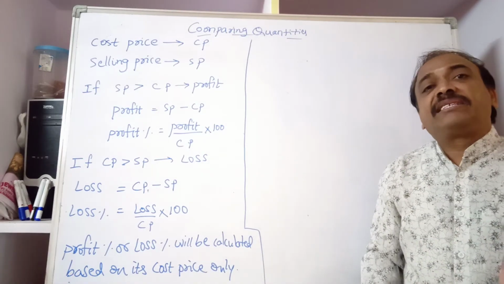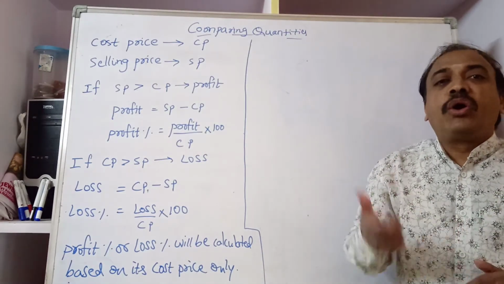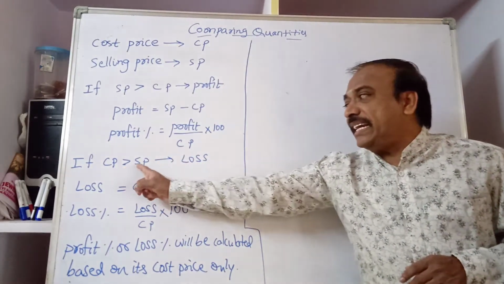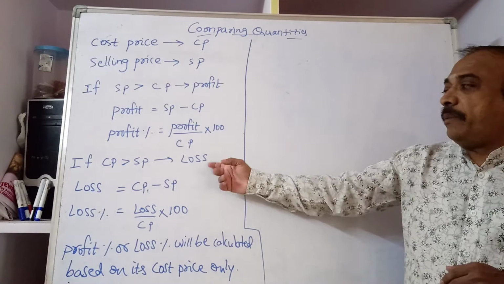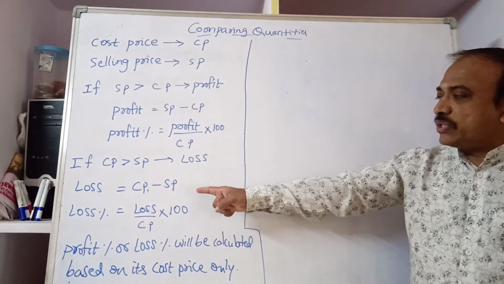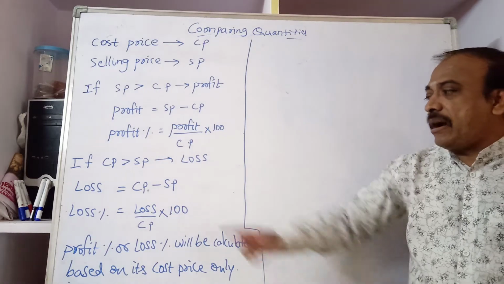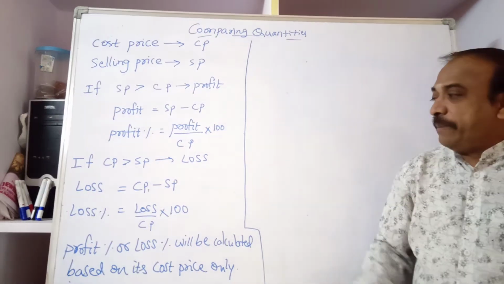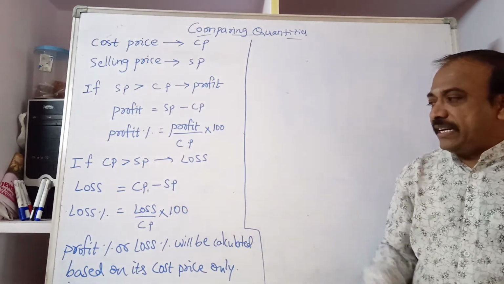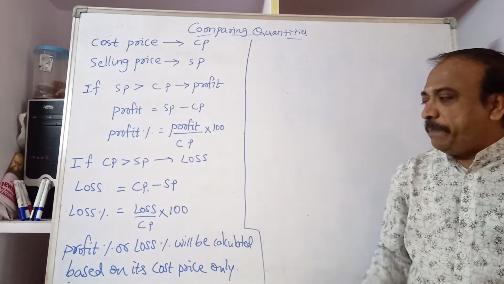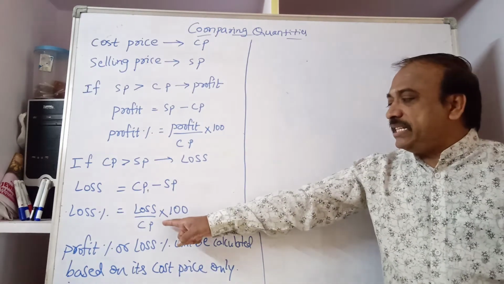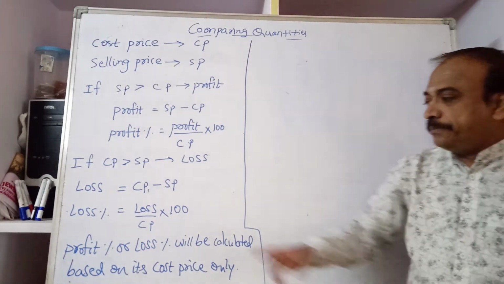So when the cost price is greater than the selling price, then we obtain loss. Loss is equal to CP minus SP, cost price minus selling price. Loss percent is equal to loss by CP into 100.